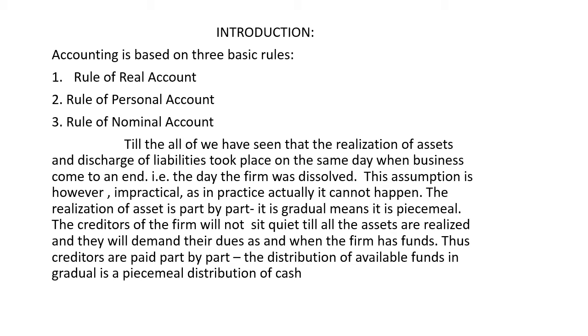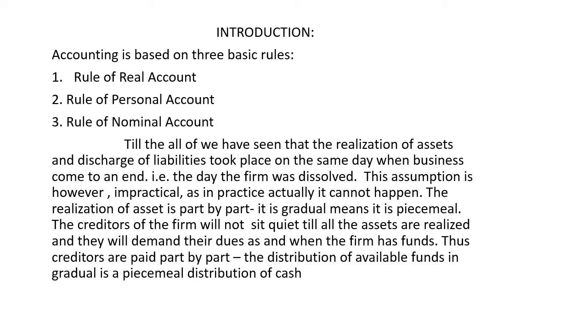As well, when the organization is required to pay the creditor, the creditor will not sit quiet till all the assets are realized; ultimately they will demand their dues as and when the firm has funds. Thereby, the organization is required to make the payment to the creditor part by part.